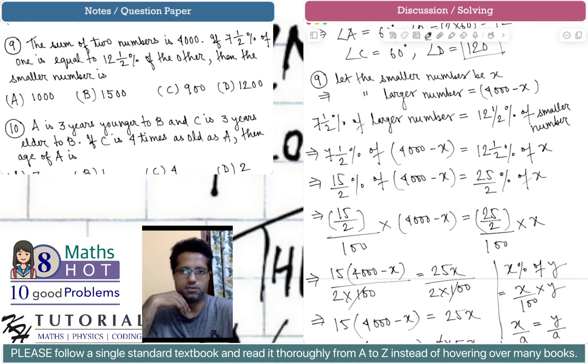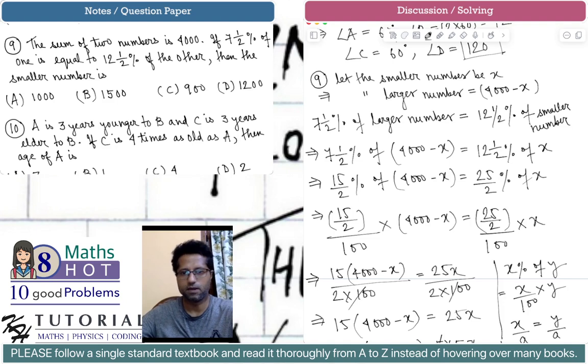It is given that 7.5% of one is equal to 12.5% of the other. Now, since 7.5% is smaller than 12.5%, definitely 7.5% of the larger number has to be equal to 12.5% of the smaller number.